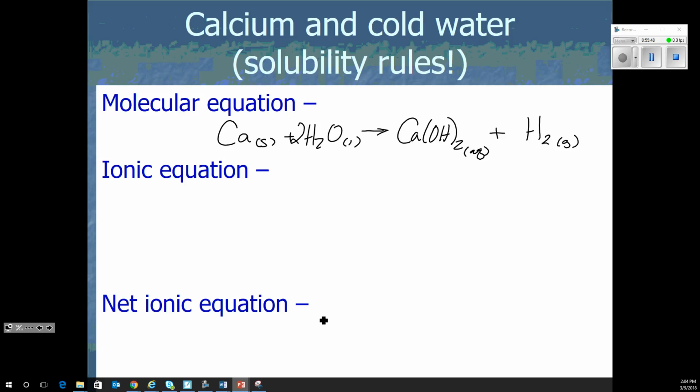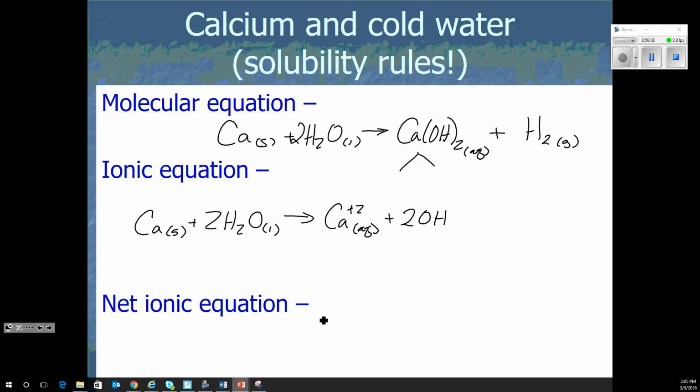Okay, so we're going to do the net ionic equation. There's only one thing that's aqueous, only one thing that will split, and it's right there. So we write the rest as they are. Is there anything side to side that is a spectator ion?